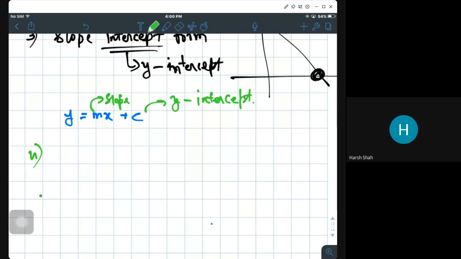And the last way by which we represent this line is intercept form. It is y by y-intercept minus x by x-intercept is 1. I just need to confirm this. Just one second.